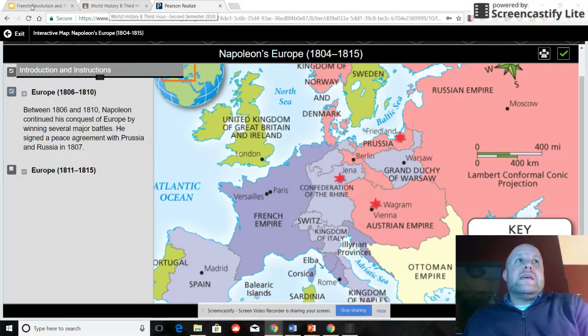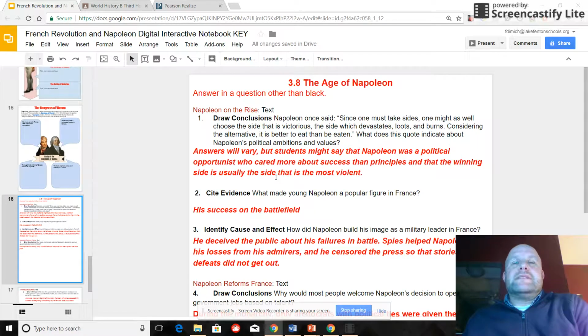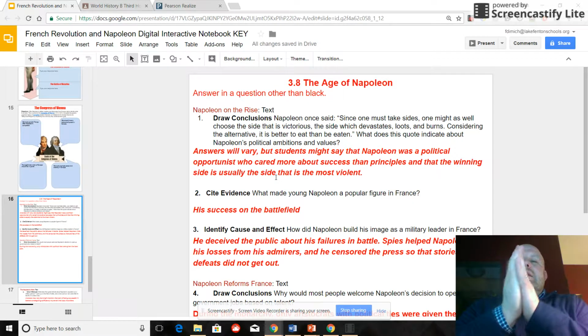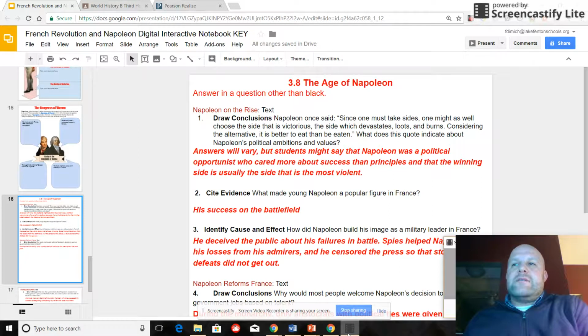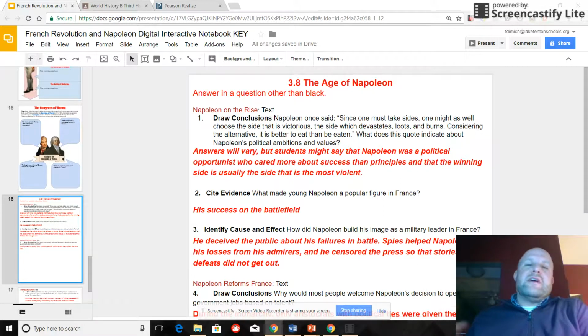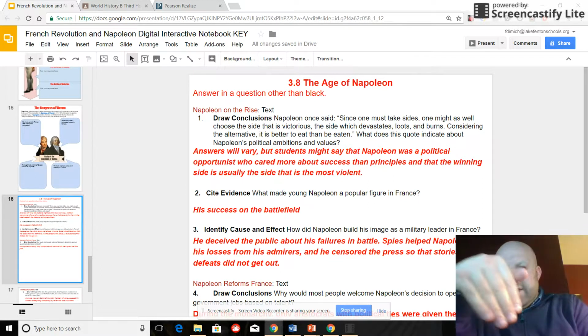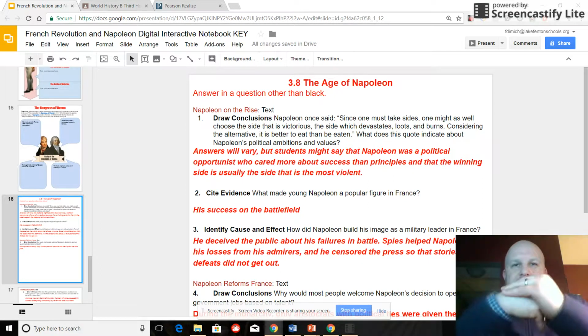So looking at your guided reading, basically Napoleon was a success. He was looking at evidence of what made him a popular figure. Well, he had quite a bit of success on the battlefield in the Revolution early on, and the French Revolution, as we've looked at, was a confusing time period, especially the Reign of Terror.